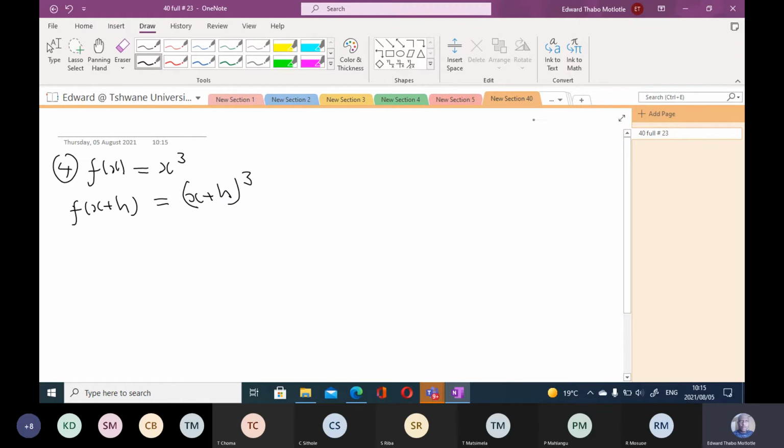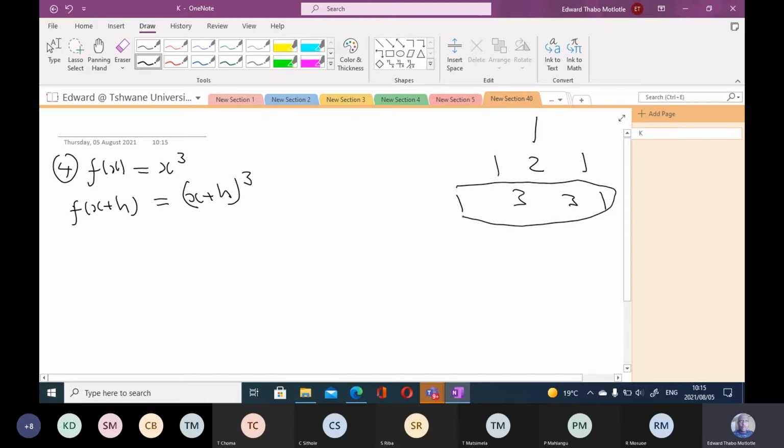So I usually find a way of simplifying this. You remember that we have been using Pascal's triangle at some point, so we can take advantage of that. The coefficients here will be 1, 3, 3, 1.